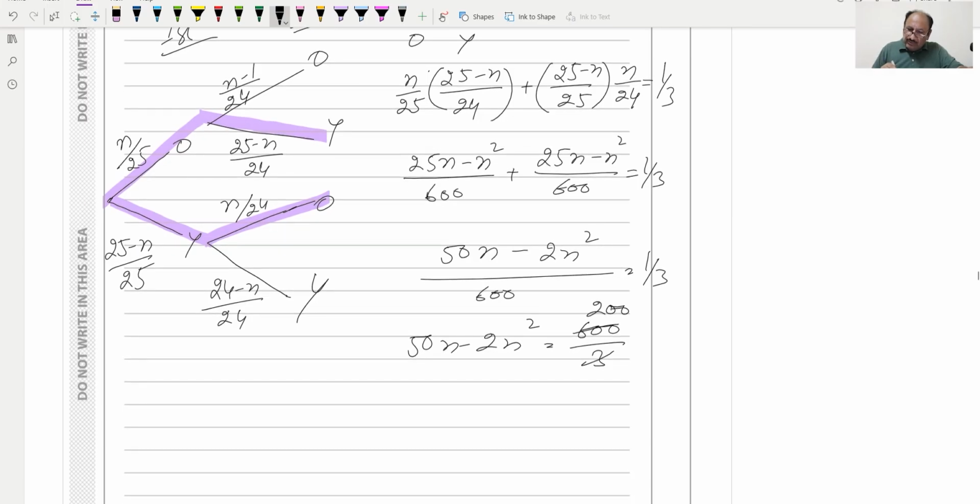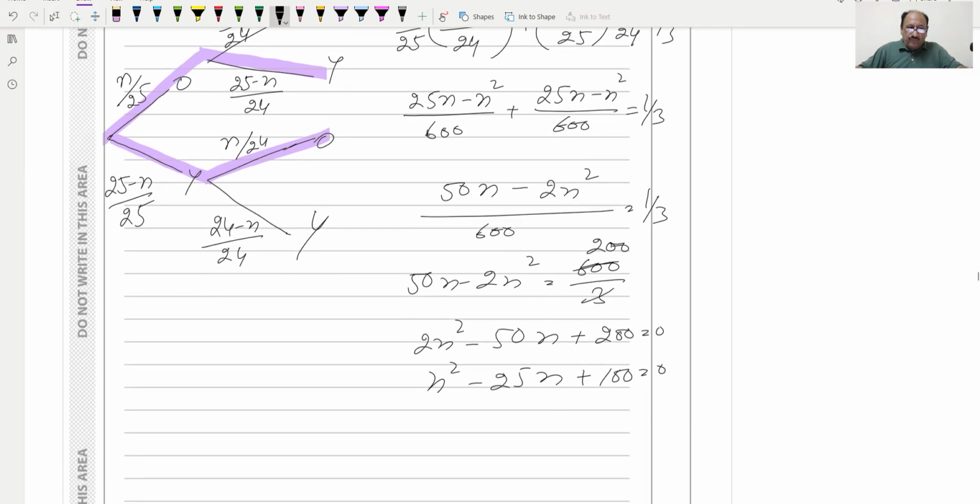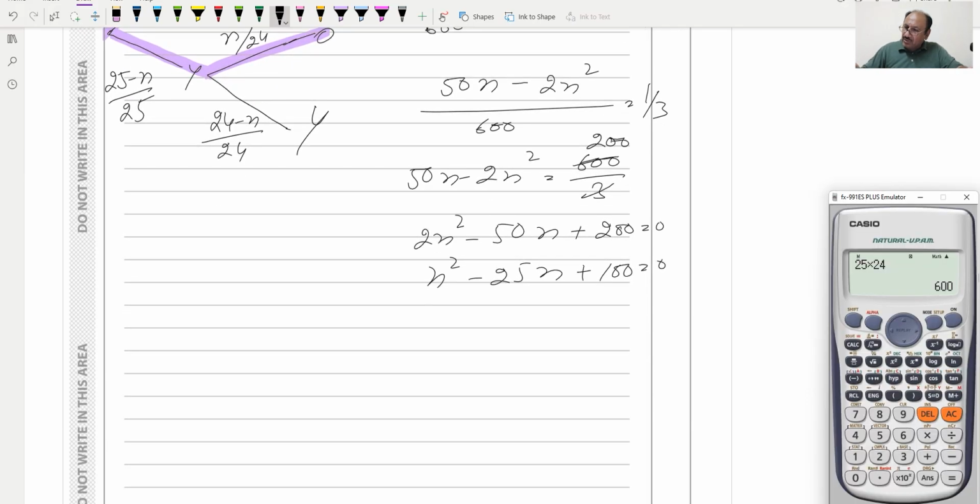So we can rewrite this equation as 2n square minus 50n plus 200 is equal to 0. We can divide everything by 2 and we will get n squared minus 25n plus 100 is equal to 0. Now we can factorize this equation. The coefficient of n square is 1, the coefficient of n is minus 25 and the constant value is 100.